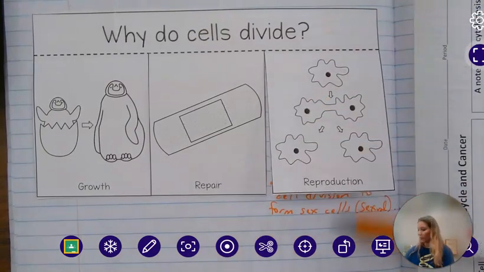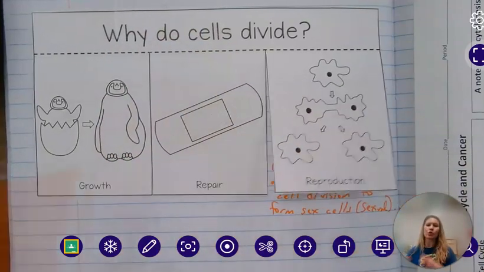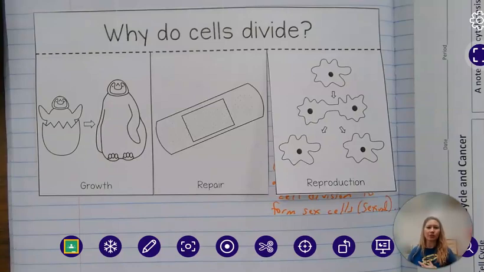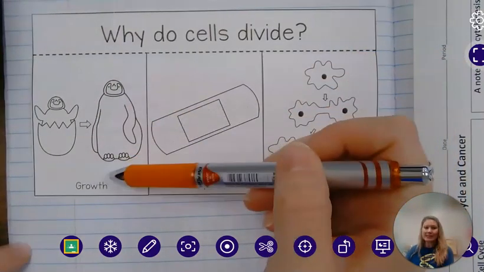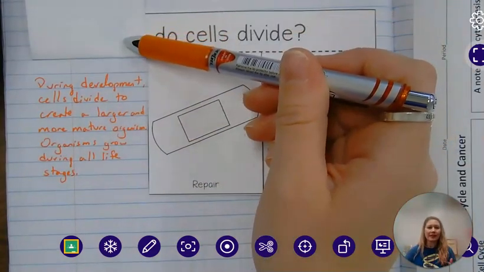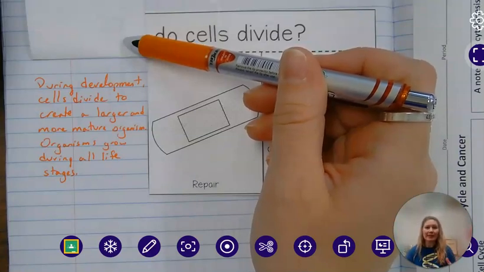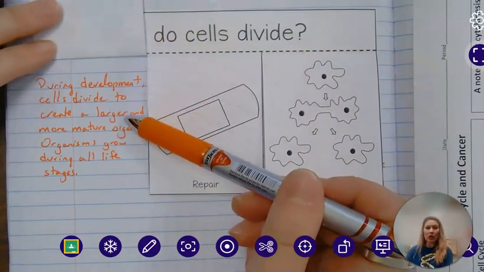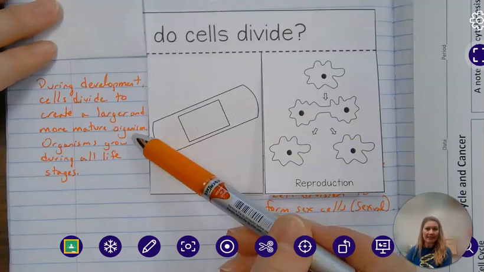So now that our foldable is complete, we're going to take a look at the 3 reasons why cells need to divide. So starting over here on the far left, the first reason is for growth. During the development of a multicellular organism, cells will divide in order to create a larger and more mature organism.